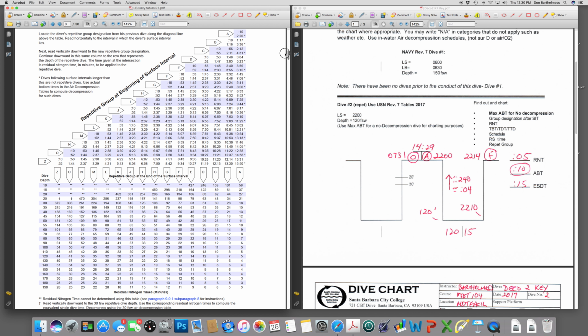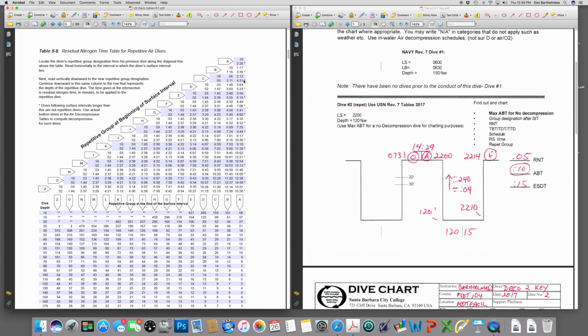We're going to make a repetitive dive, but we have to assign a new letter group to quantify the diver's nitrogen. So an O diver for 14 hours and 29 minutes puts us all the way over here in the A category, the least RNT letter group out of all of them. Not quite totally off gas, not quite clean, but it is still a repetitive dive nonetheless.